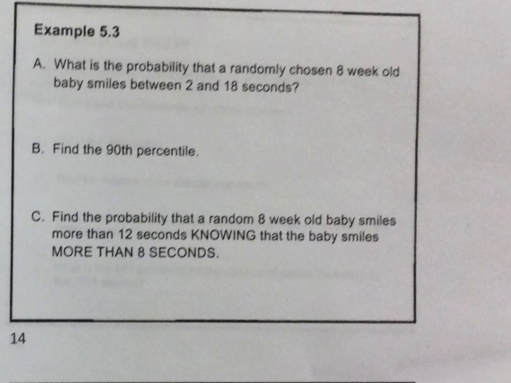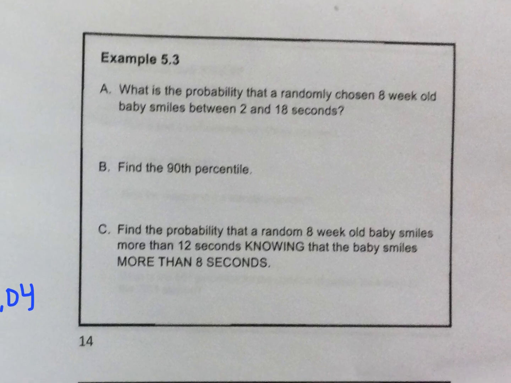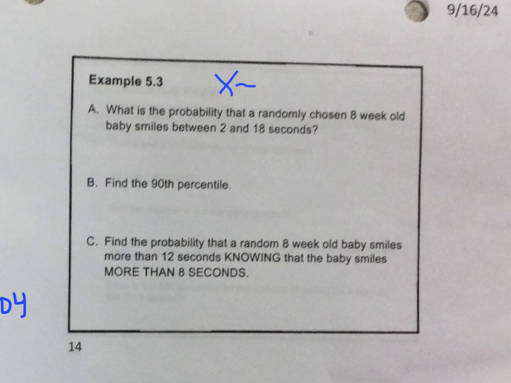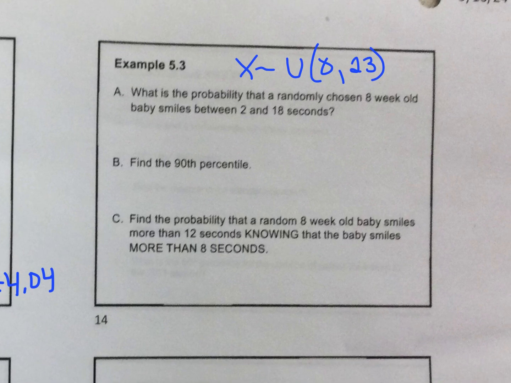So what's the probability that a randomly chosen 8-week-old baby smiles between 2 and 18 seconds? So remember, we have a uniform distribution of 0, let's see, what was that? Smiles was 23, right? On the other page. All right, so that's our distribution.